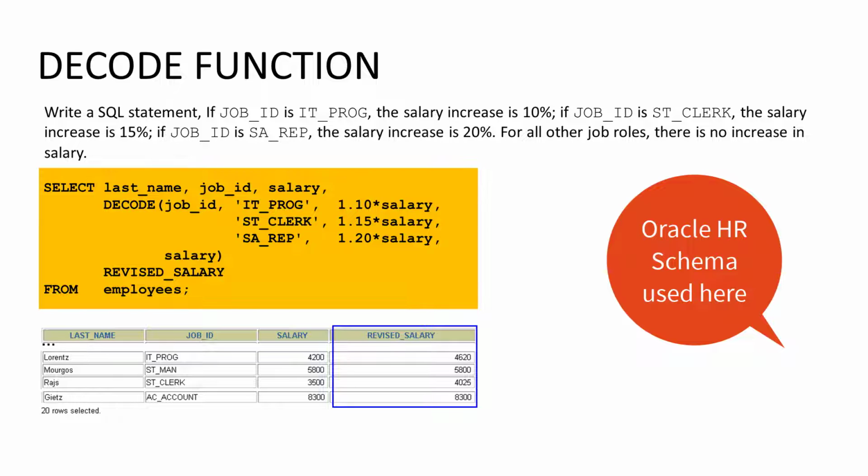After that we write the search for sales representative, if found then the salary should be 20%, and we write only salary. That means the person who does not satisfy the condition of IT programmer, store clerk or sales representative gets no increase in their salary. And after that we write the column name, that is revised salary. Here you can look at the output, there is a new column named revised salary, and lastly we write that it comes from the employees table.